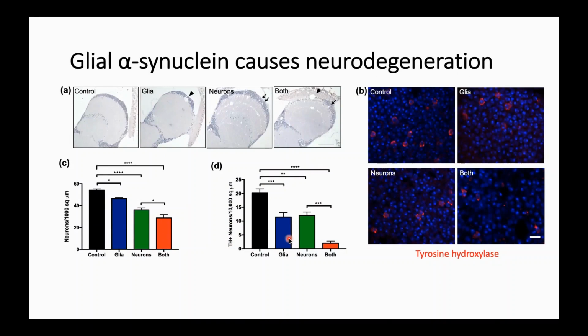And in fact, it's a more marked effect. So if you compare total neuron loss here, which is a relatively modest effect with glial alpha-synuclein, and compare that to loss of dopaminergic neurons, you can see a much greater relative change. Similarly, when alpha-synuclein is in both neurons and glia, there's a really, really marked loss of dopaminergic neurons. And so this suggests that dopaminergic neurons are somehow uniquely sensitive to the presence of glial alpha-synuclein.